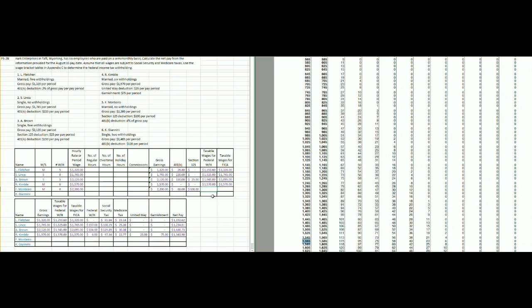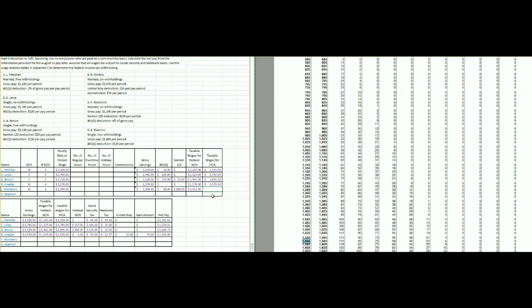This gives us federal taxable wages of gross minus the 88 for 401k minus the 100 for Section 125, for a total of $2,012. Taxable wages for FICA are going to be gross earnings minus the $100 for Section 125, for a total of $2,100.